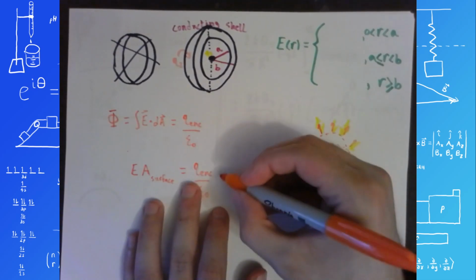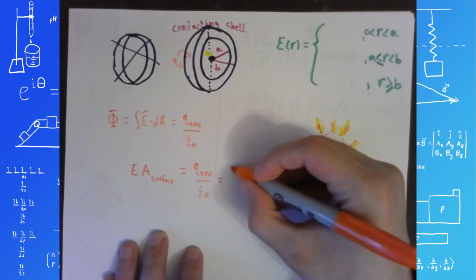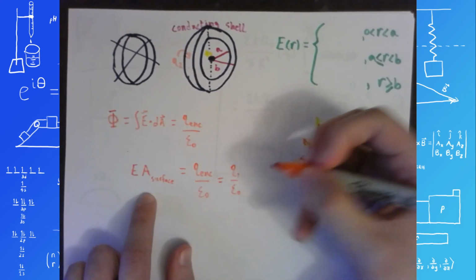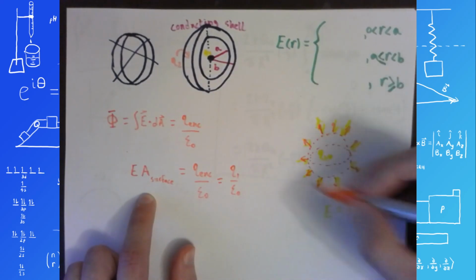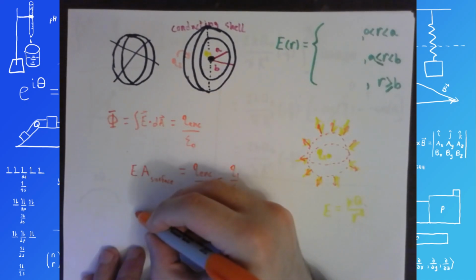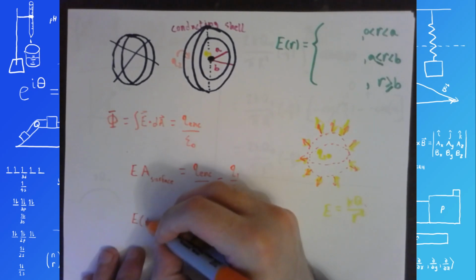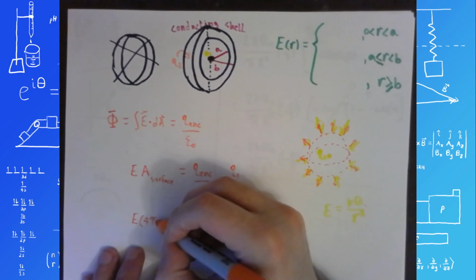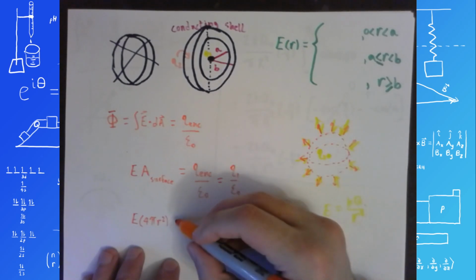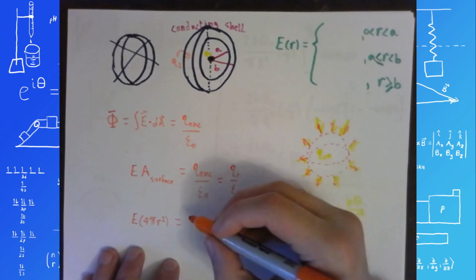So we get equals Q1 over epsilon naught, and then for E times the surface area of our sphere, the surface area of our sphere is 4 pi r squared. A lot of students forget that the surface area of a sphere is 4 pi r squared. Let's not be among those students.